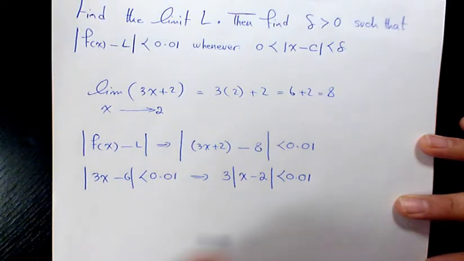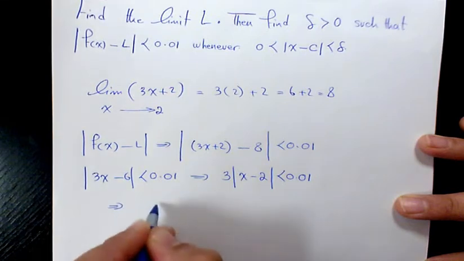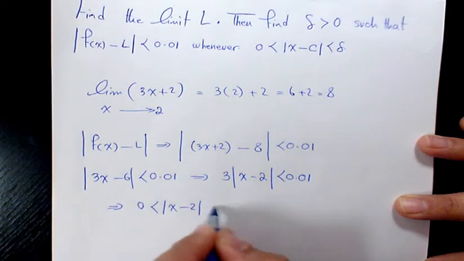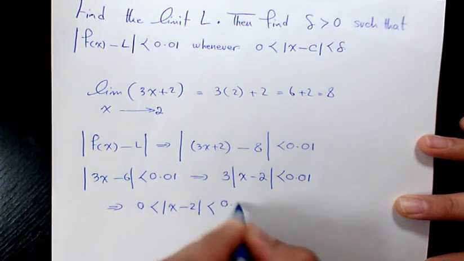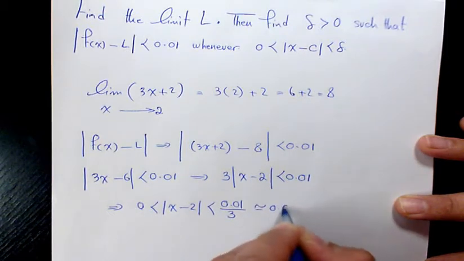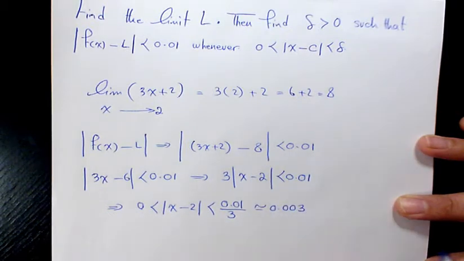Then you can say that x minus 2 will be between 0 and 0.01 over 3, which is approximately 0.0033. That's the delta.